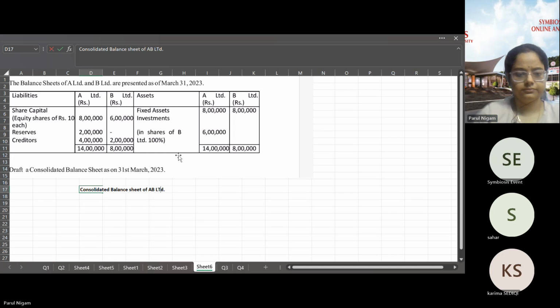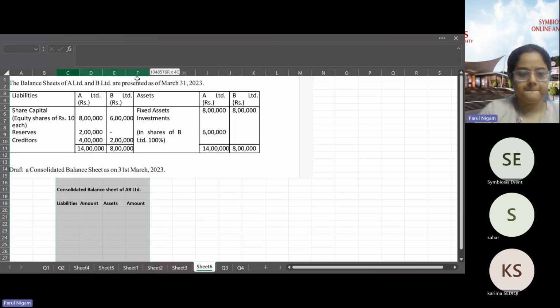Very simple. Liabilities, amount. Assets, amount.